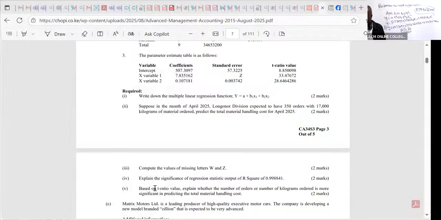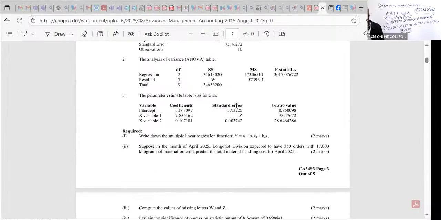All right. So then, they want us to compute the missing values, W and Z. We start with W. W is sum of squares. I will be able to use the mean sum of squares formula.